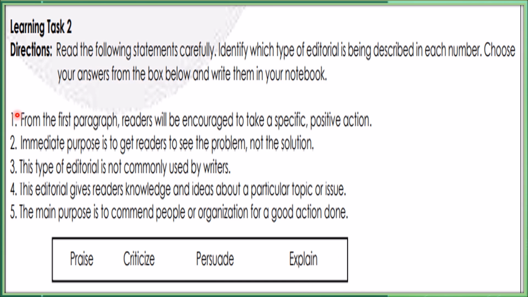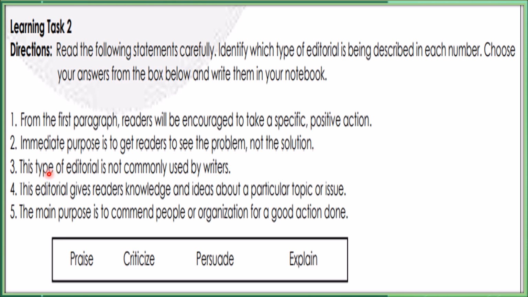Number 1, from the first paragraph, readers will be encouraged to take a specific positive action. For the words encourage and positive action, what will be the answer there? Number 2, immediate purpose is to get readers to see the problem, not the solution.